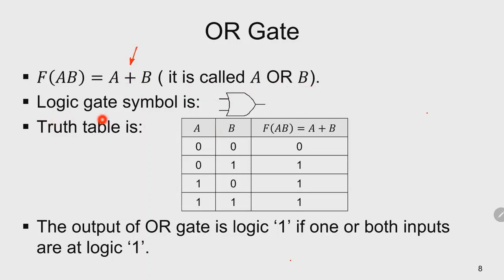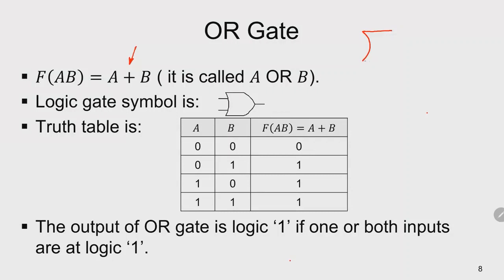The logic gate symbol for an OR gate: you have the inputs. Here I will draw two inputs, A and B, but some OR gates can have more than two inputs. Basically the gate is a curve at the input and then pointed at the output.